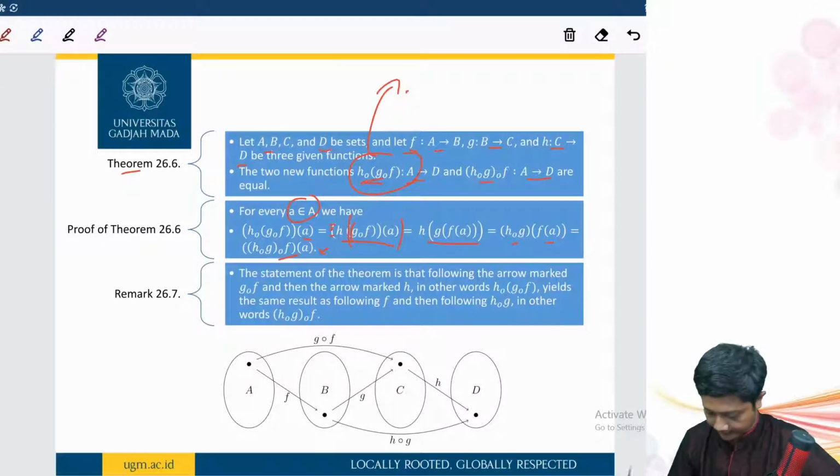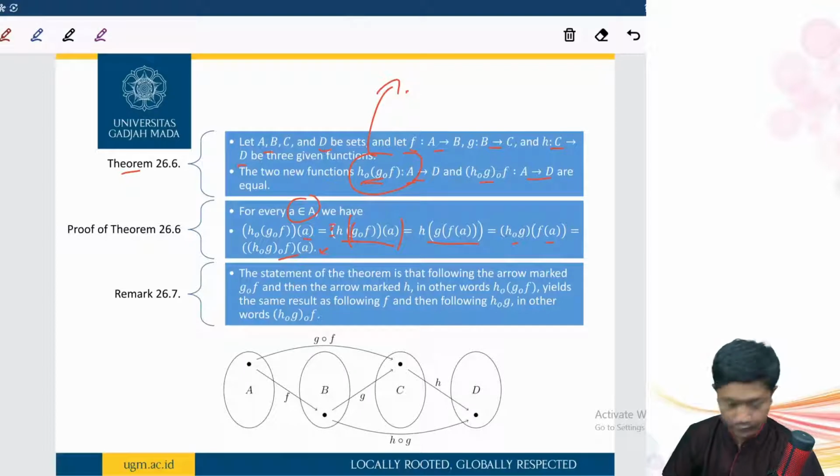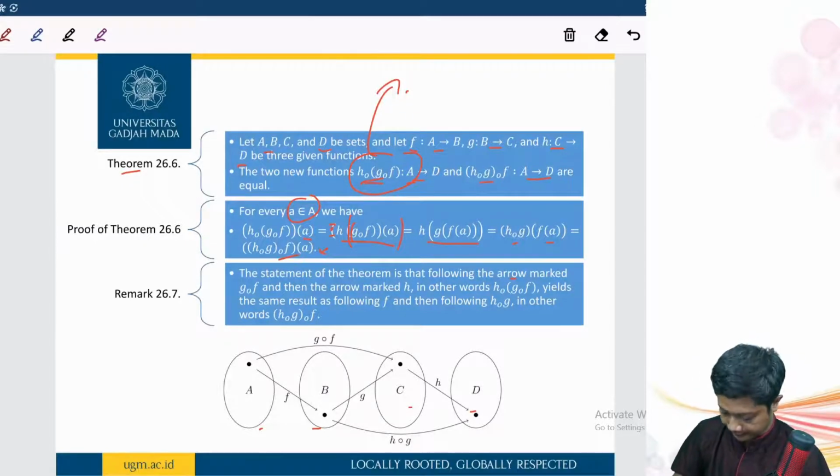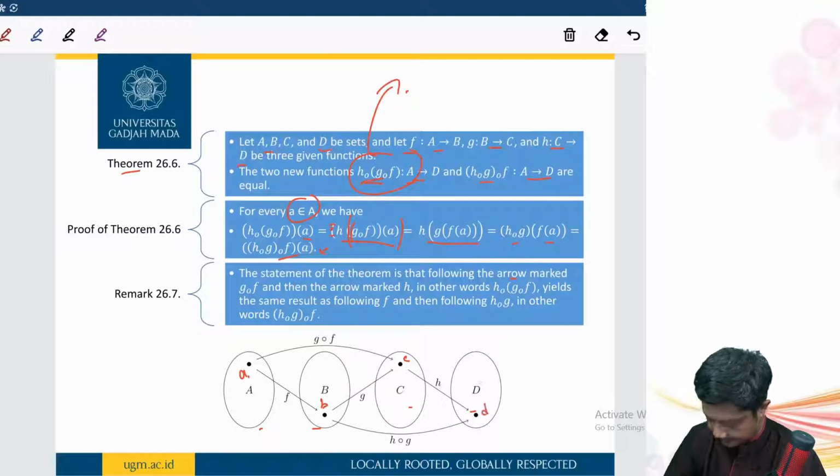Okay, and remember, when we take the composition, it is not commutative. So yeah, but it's okay. And let's see here, we have A, B, C, and D, this diagram. Then we have a function from A to B, B to C, C to D. And when we have this, a will go to here, maybe b here, then c, and then d here. So a will go to b, b go to c, c go to d.